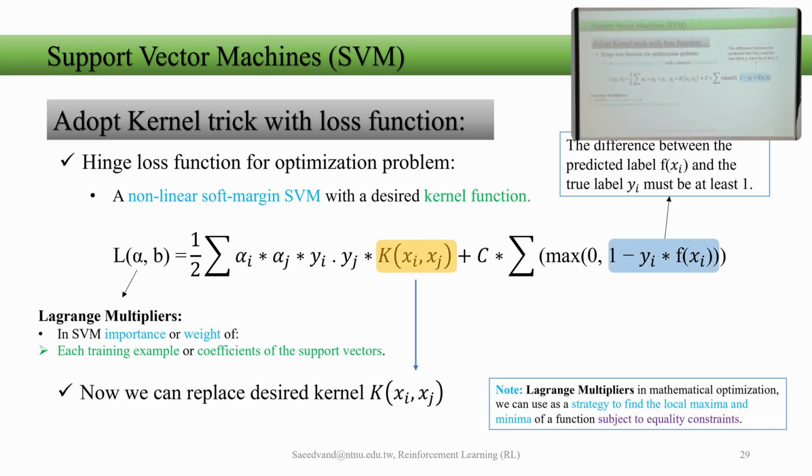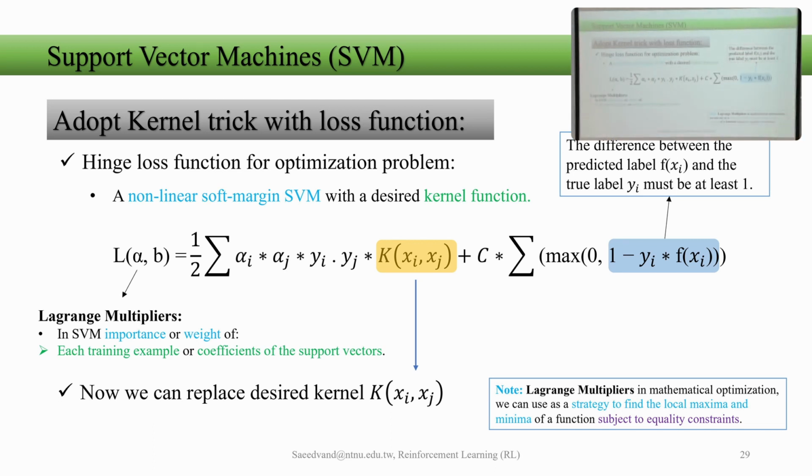How important is this? How important is this? That comes from the Lagrange multiplier, so we need to add the parameter alpha there too. I also stated one more point, that in mathematical optimization, we can use it as a strategy to find local maxima and minima based on some constraints.